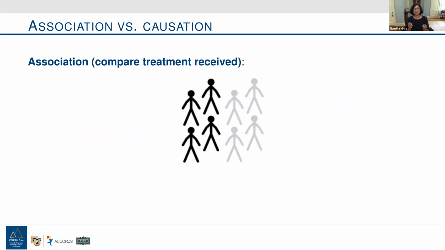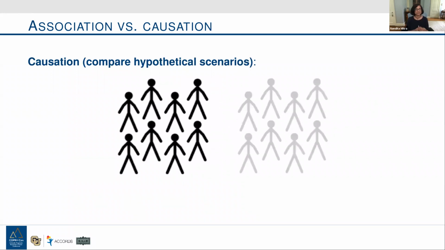So just with a little picture, we could see that this is association where we compare the treatment received. So in the darker color, we have 4 people that have received the treatment. And in the gray, we see 4 people who did not receive the treatment. And then we just compare their outcomes directly. And that would lead to a claim about association.